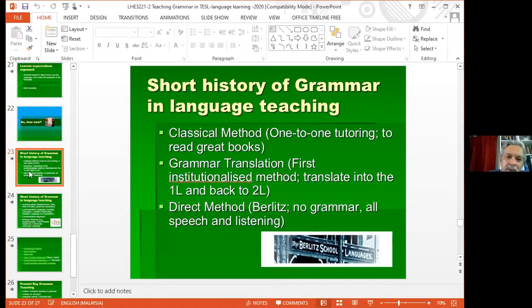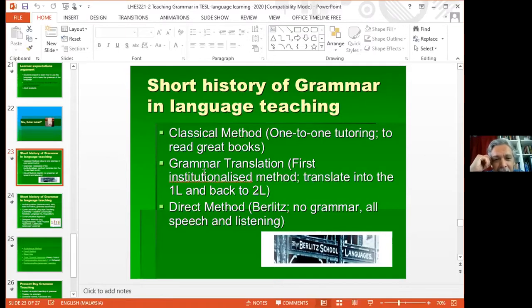Okay, so grammar translation is the first institutionalized method. Sometimes the short form is GTM. Sometimes it's also referred to as the army method.